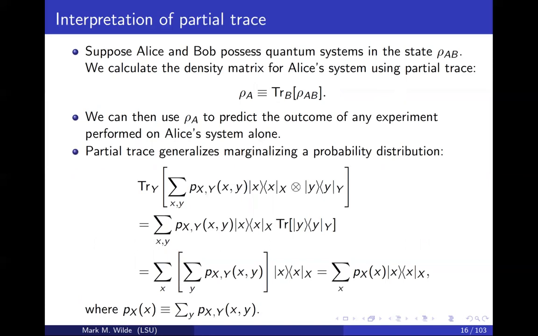Something to realize if you've taken a course on probability theory is that this generalizes the notion of marginalizing a probability distribution. In a previous lecture, we said anything classical we can do in quantum. So what I'm doing here is taking a joint probability distribution, Pxy, and placing it on the diagonals of a bipartite two-party density operator.